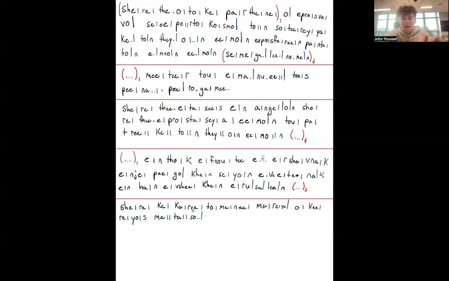Mareya is going to go low. So Maria, Mareya, Mareya is going to go low. Shere ke karito meni Mareya o kireios metaso. And you can slow down here. And then you go into Agios Esteem.